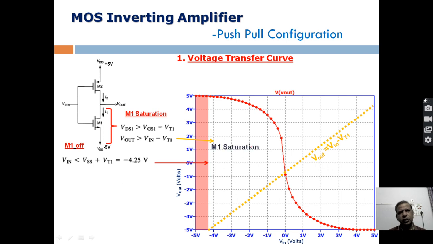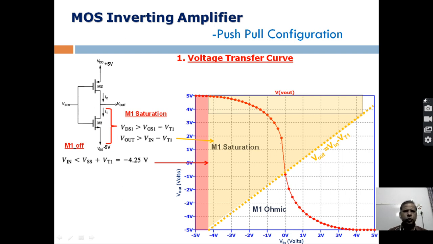We can say that in this portion M1 is in saturation, and when the output voltage is below this line, then M1 is in the ohmic state. This saturation region we are highlighting with this light red color. So everywhere here M1 is in saturation.